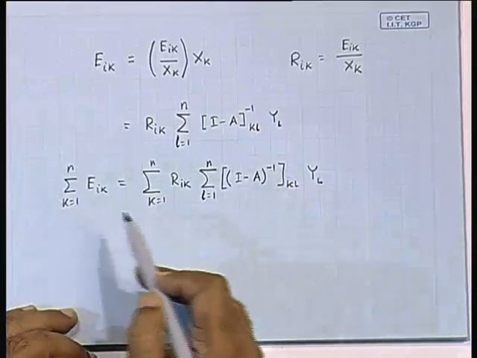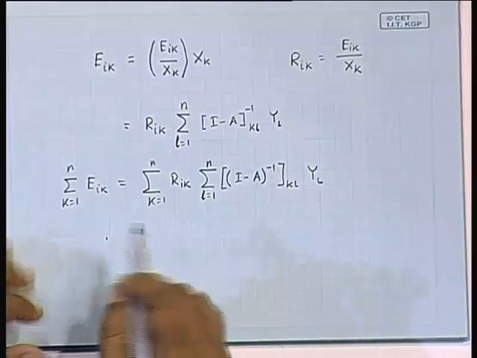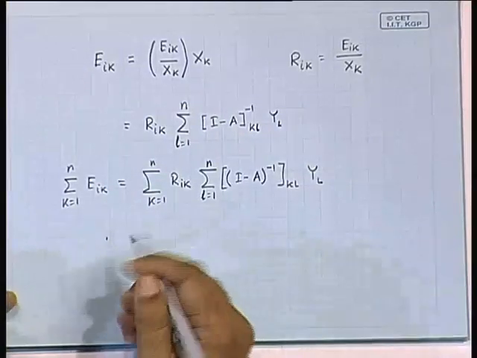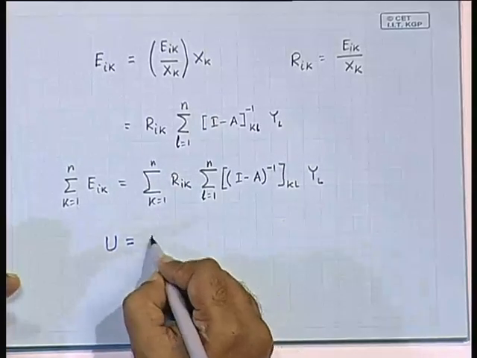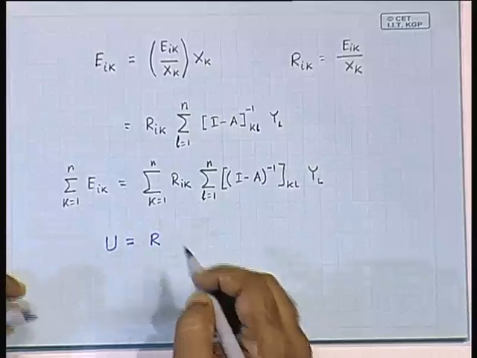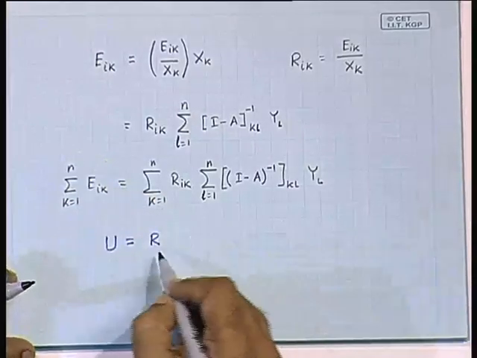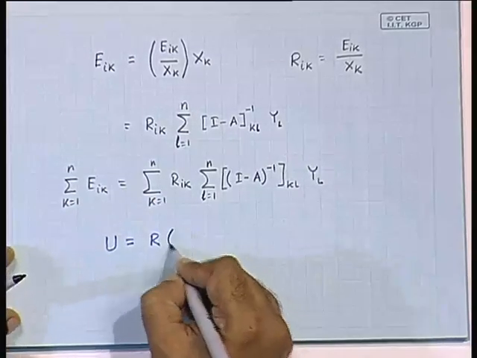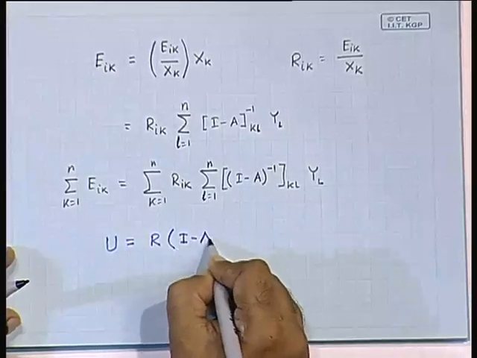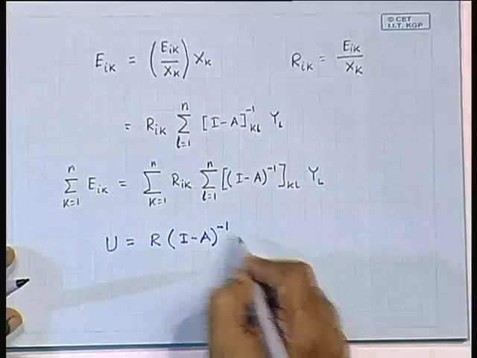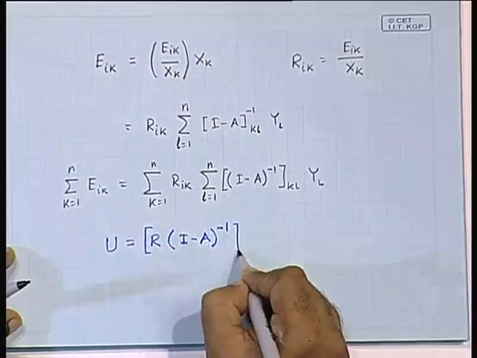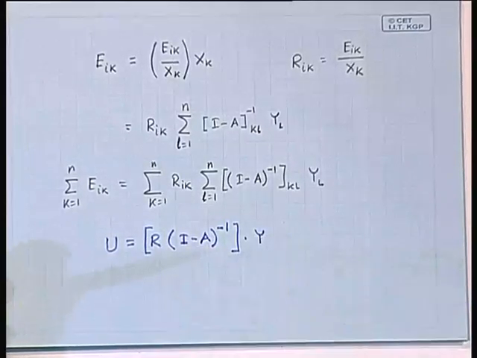And then this can be written as, I will write with another pen, U is equal to R times (I minus A) inverse times y. Now, I am writing in the matrix form, these are all matrices.